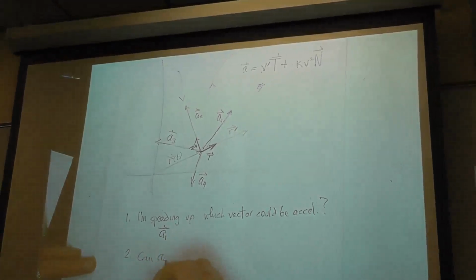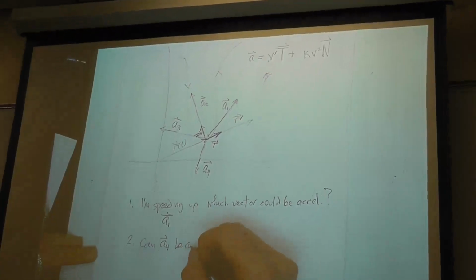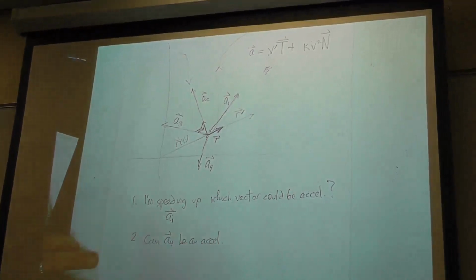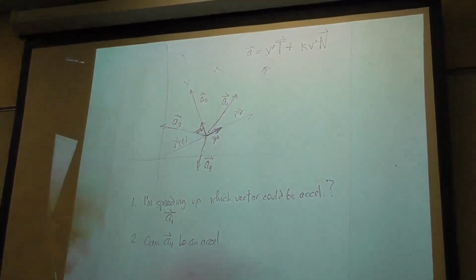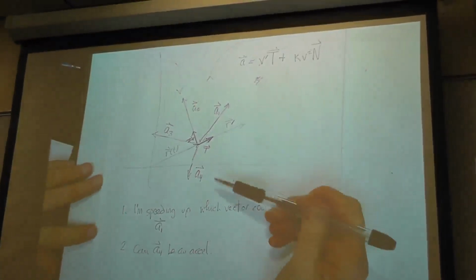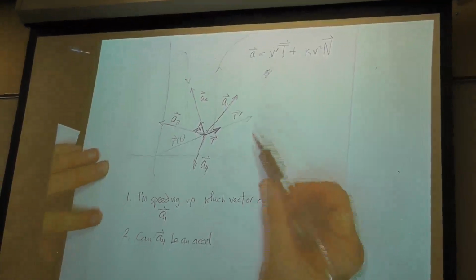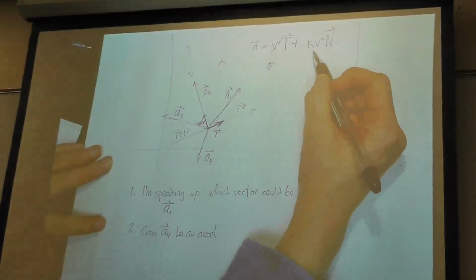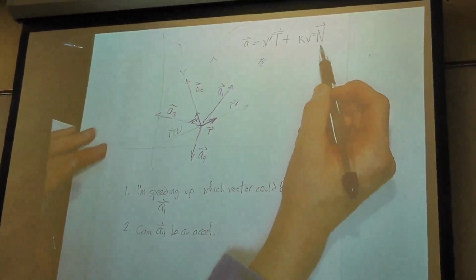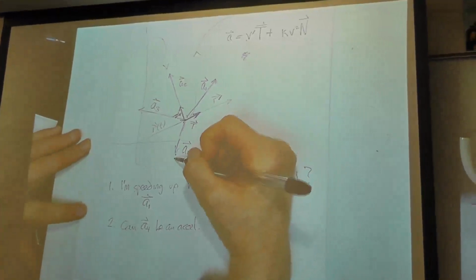Can A4 be an acceleration? You're sliding off the path. No. Okay. You can give me physical answers, but mathematically, what's telling me it can't be? Normal's not towards the inside of the curve. And what's telling me that, now that we have the formulas, what's telling me that this couldn't happen?